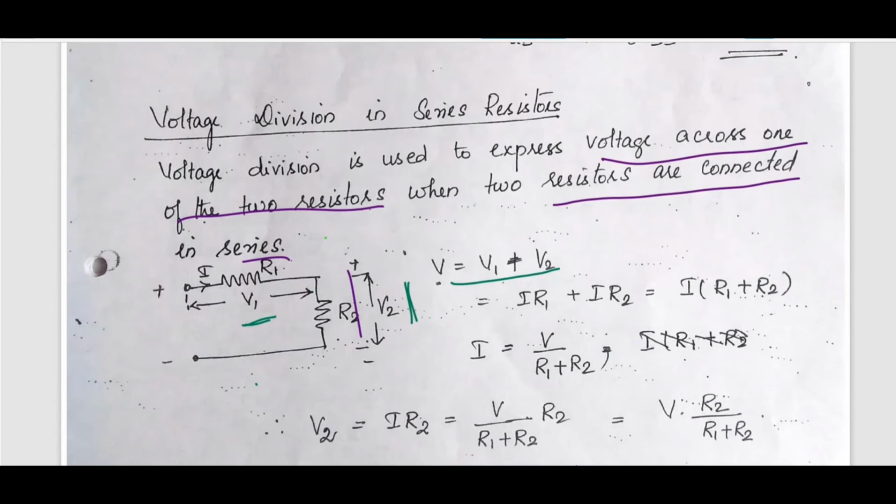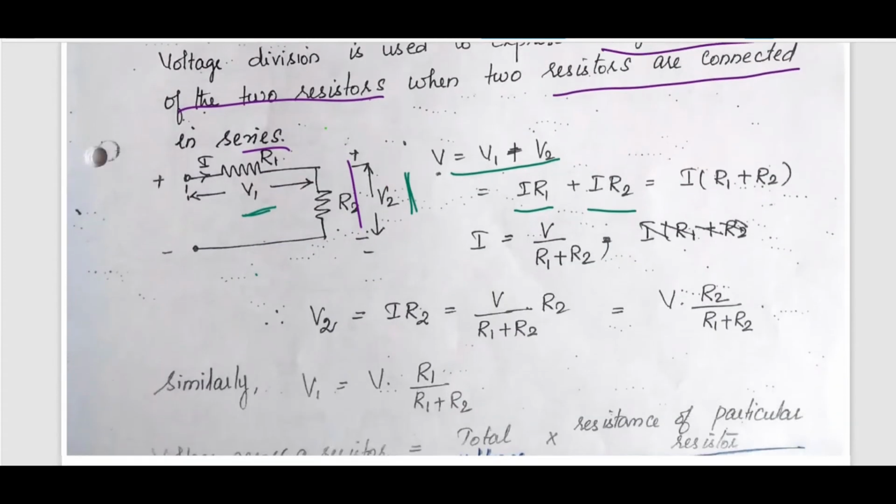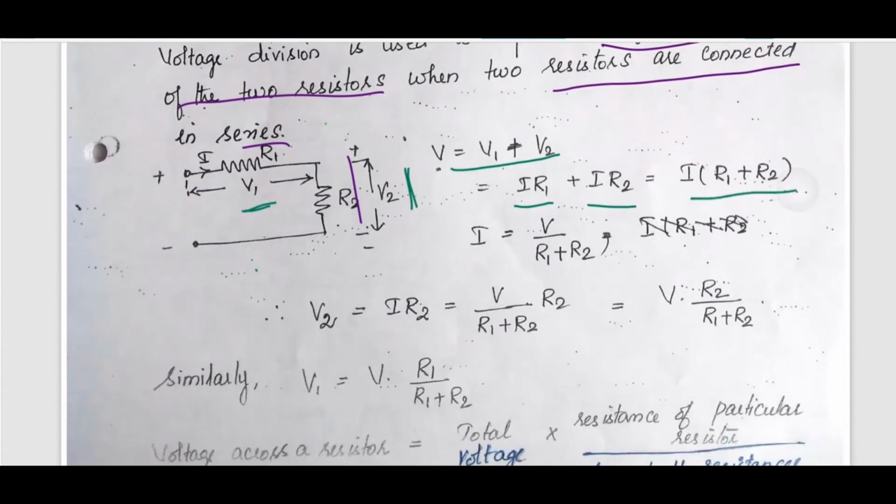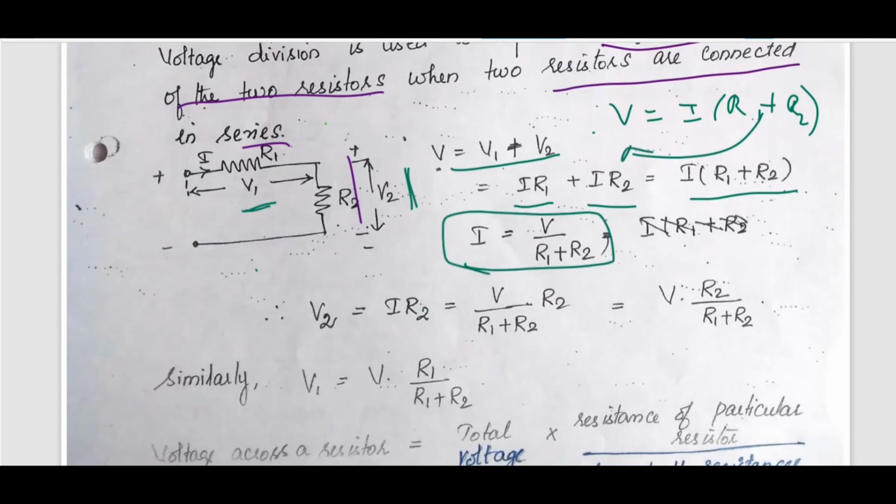So V1 plus V2 is I into R1 plus I into R2, meaning I common, R1 plus R2. Rearranging the expression, V equals I into R1 plus R2, so I is equal to V by R1 plus R2.